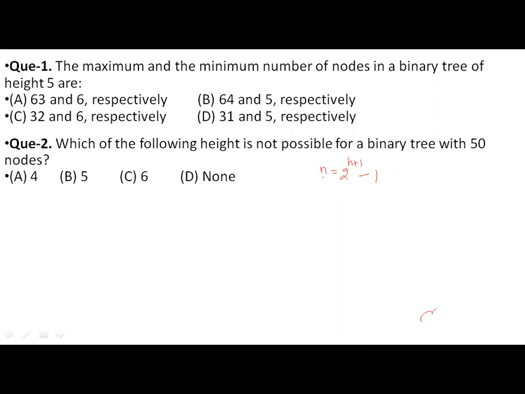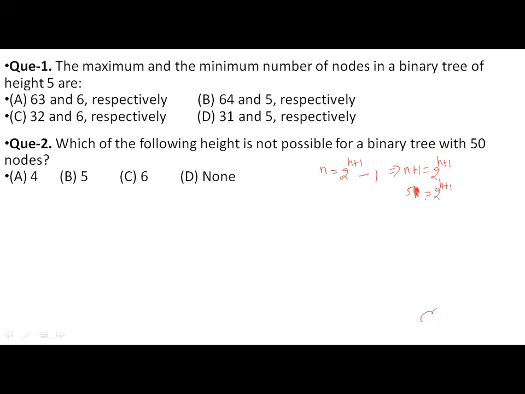What height is not possible is what it is asking. So I can rewrite this as n plus 1 is equal to 2 power of h plus 1. So n plus 1 means 50 plus 1, which is 51. So 51 is equal to 2 power of h plus 1.